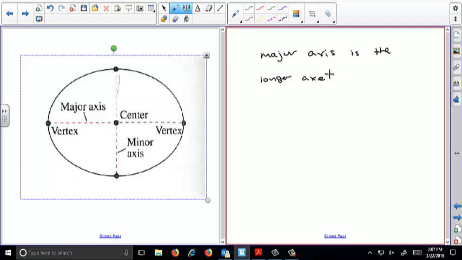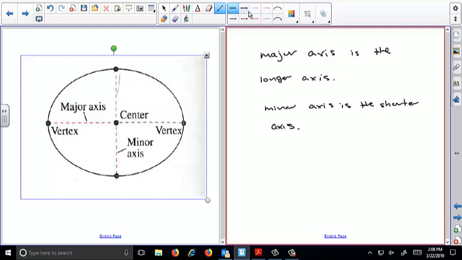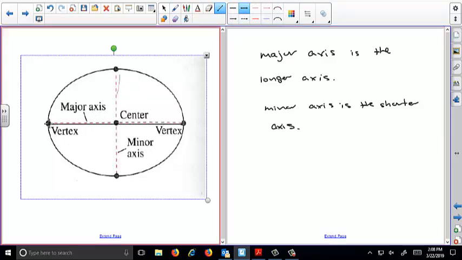The minor axis is the shorter axis. And the axis goes from all the way along here. Okay, so that's the axis, and that's the axis.